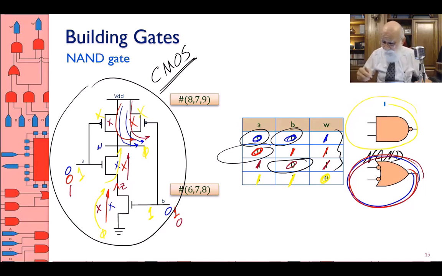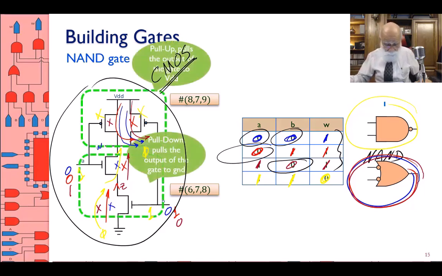In either case, I call this an AND. It is an AND, even though it's drawn as the symbol with the OR inverted inputs.